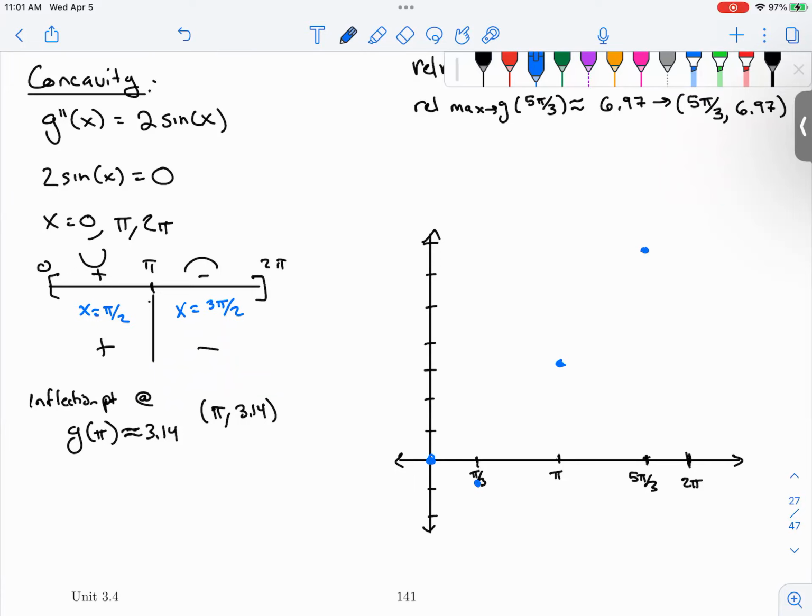And then at 2 pi, it was 6.28, so dip down just a little bit right about there. Now we could probably graph this based on, like, we have 5 points here. That's enough to usually get the right sense of what it's going to look like.